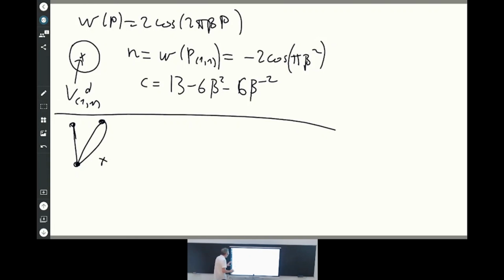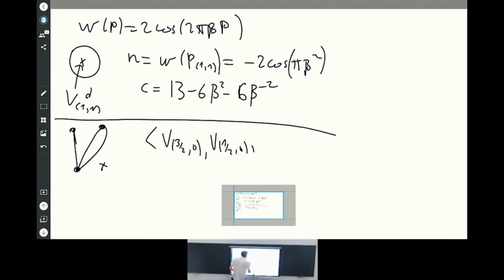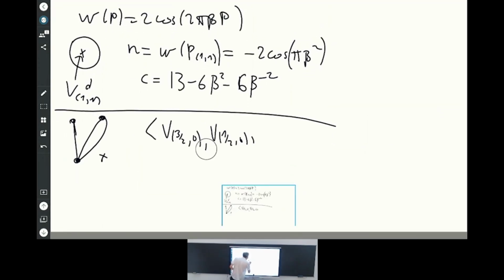So we know already that this could correspond to a 4-point function of the type V3 half 0, V1 half 0. Here it doesn't have to be V1 0, it could be V1 1.